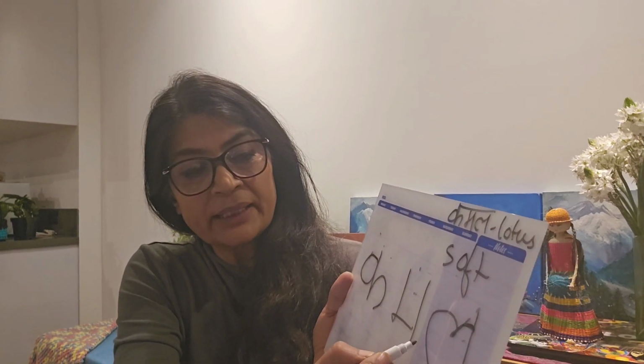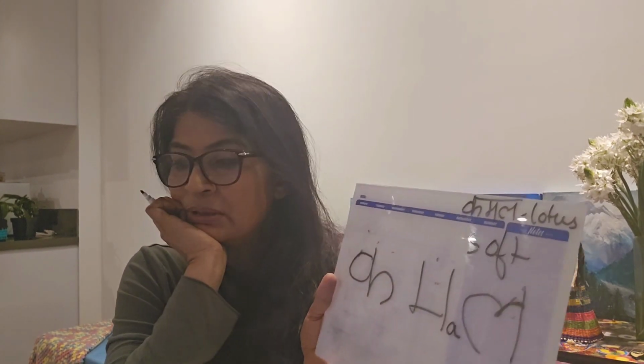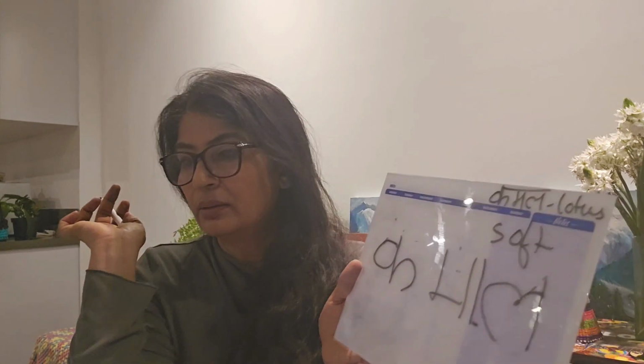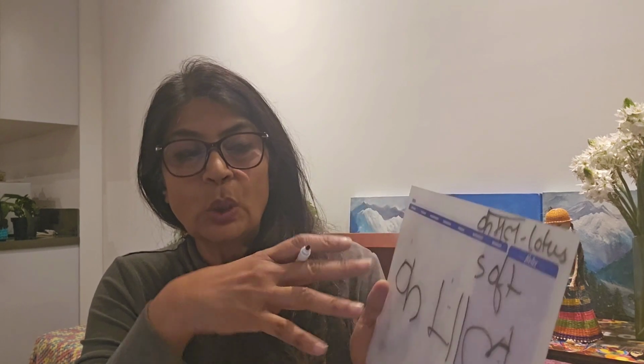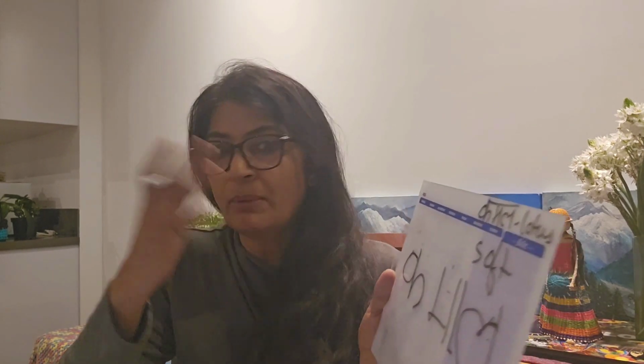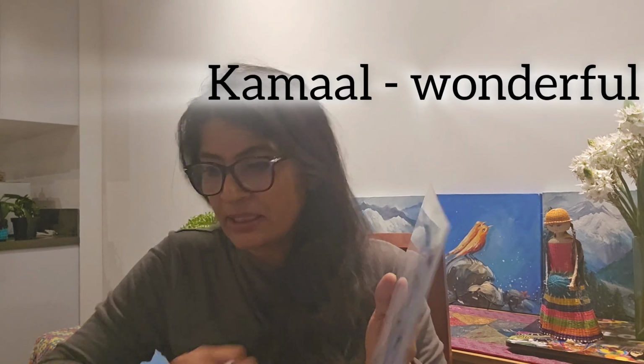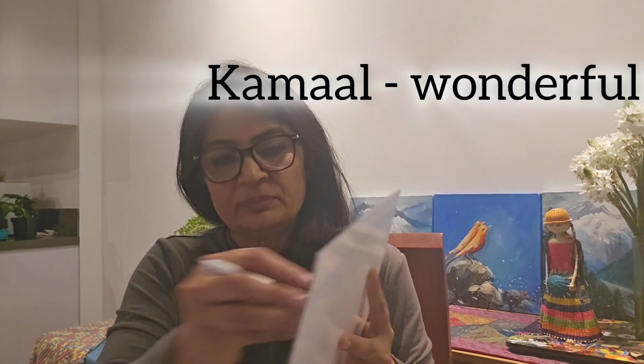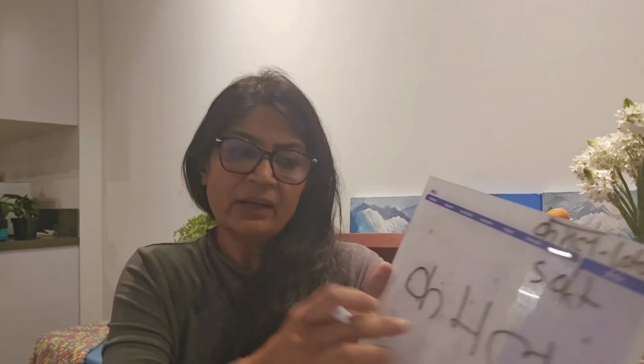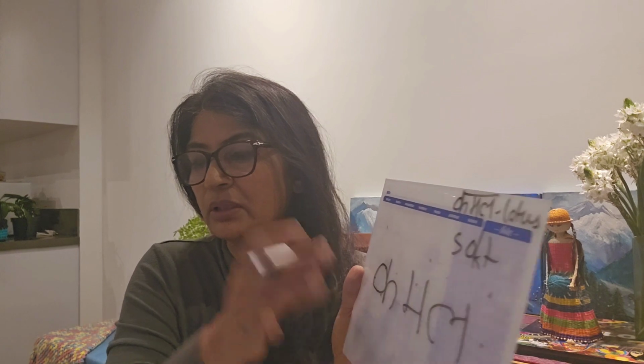Now suppose I want to write Kamal. So basically I need an A here after ma. I just need a line here. So Kamal is lotus, Komal is soft, Kamal is like, how amazing, wonderful, Kamal hai. There is a name in Hindi, a girl's name, and that is Kamala. So I have Ka, Ma, and La.